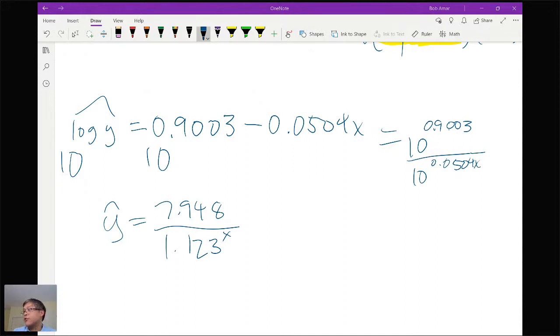If you are going to do powers, it kind of depends on what you're looking at, what the shape of the function is, and what values they take on.